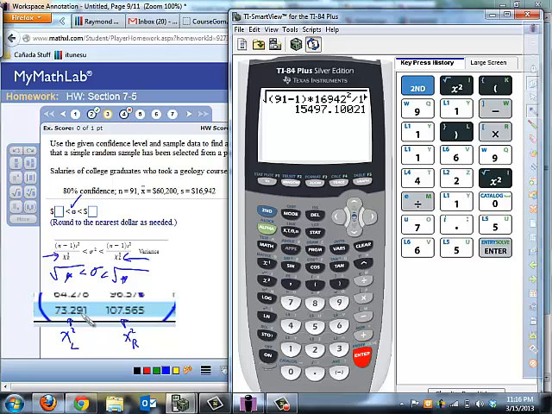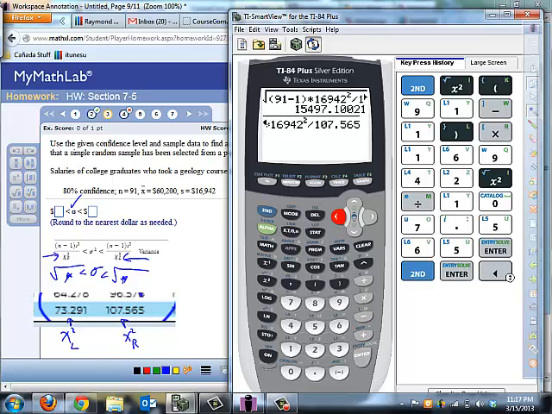Now we're going to do the exact same calculation, except the denominator is going to change from 107.565 to 73.291. So instead of retyping everything over, I'm going to press second and enter. Then I'm going to generate the same entry that I had before.